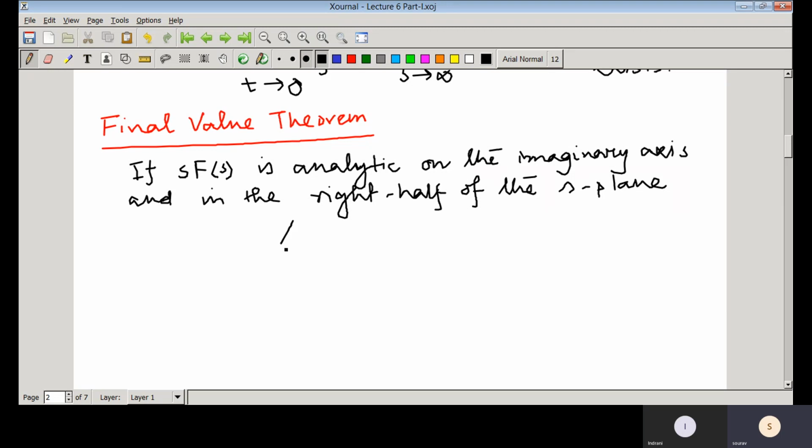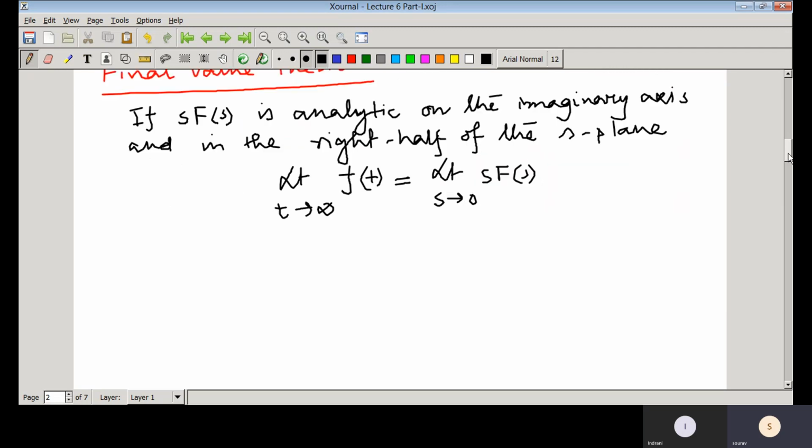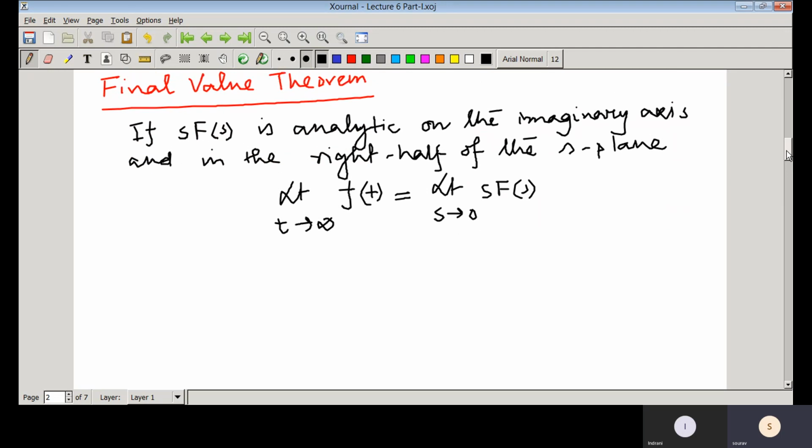So according to the final value theorem, limit t tends to infinity of f(t) is equal to limit s tends to 0 of sF(s). That means the function sF(s) is analytic on the imaginary axis and on the right half of the S-plane, meaning it should not have any pole on the imaginary axis or in the right half of the S-plane.